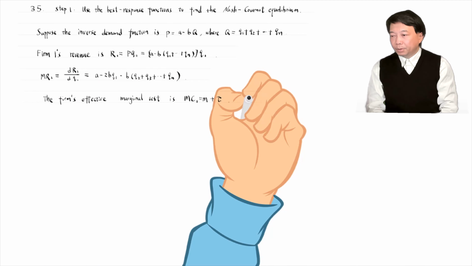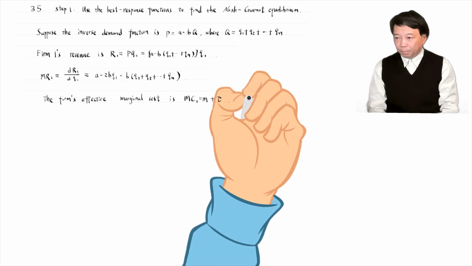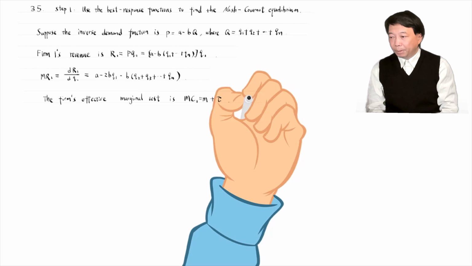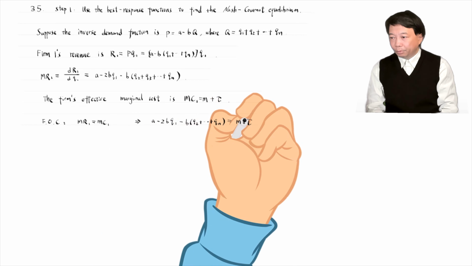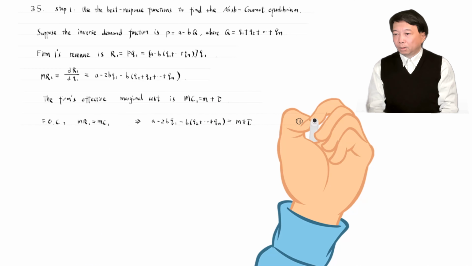Notice that the firm's effective marginal cost is the sum of its marginal cost M plus the per unit tax tau. The oligopoly firms operate like a monopoly facing its residual demand. The first-order condition for its profit maximization is marginal revenue equals marginal cost. The first-order condition, equation 1, is indeed the best response function for firm 1. We can write Q1 in terms of Q2, Q3 to Qn if you want.